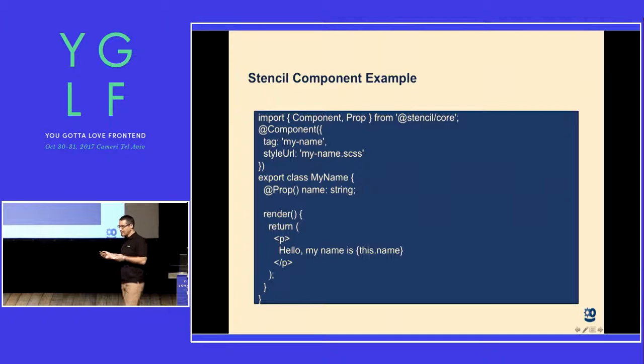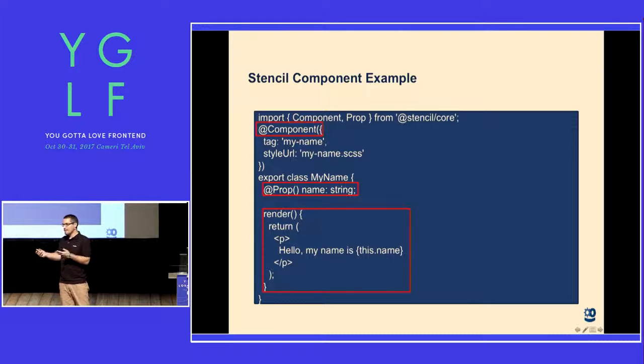The component looks like this. You have decorators, like in Angular, that decorate the component and tell Stencil how to create your component for you. More than that, you have a render function that uses JSX underneath that enables you to create or render your component.